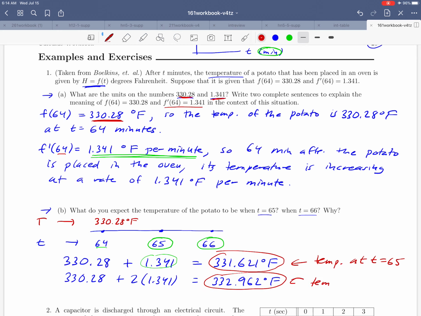And that's our temperature estimate at t equals 66. Let me be a little more careful with how I'm writing that: temperature estimate at t equals 66. This is just an approximation, so up here I should have also said estimate. We don't know for sure that that's exactly the temperature, but that's our best estimate based on the data that we have.